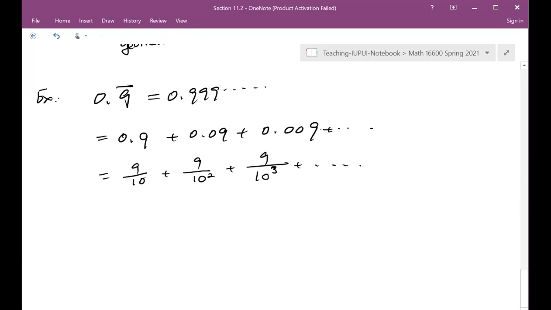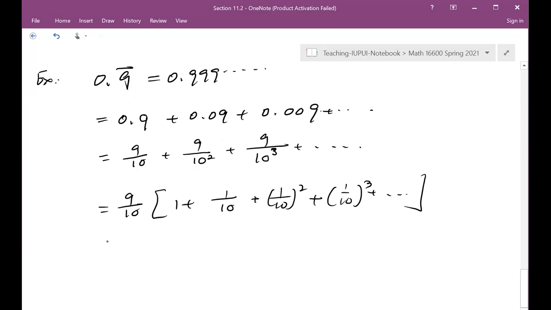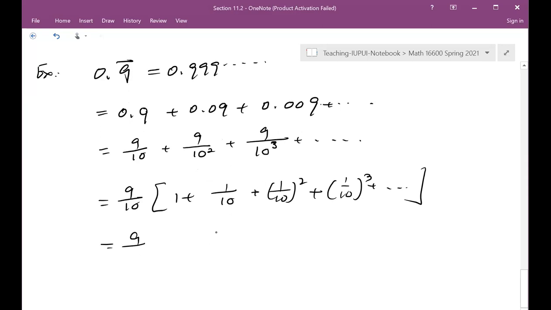So you can take one common factor out. You get 1 over 10, 1 over 10 squared, 1 over 10 cubed, and keep going. So this is a sum of infinitely many terms. By the above formula, it should be equal to 1 over (1 minus r), where r is 1/10.